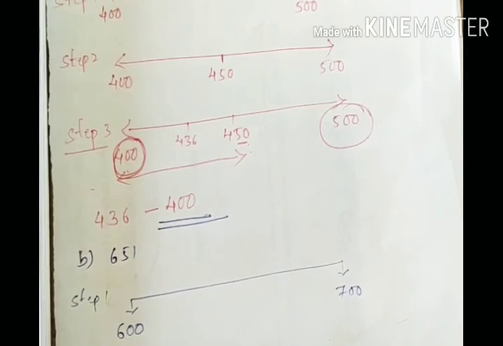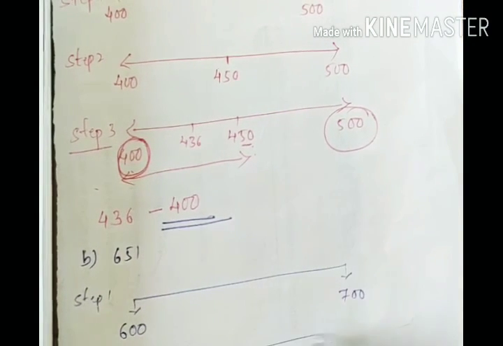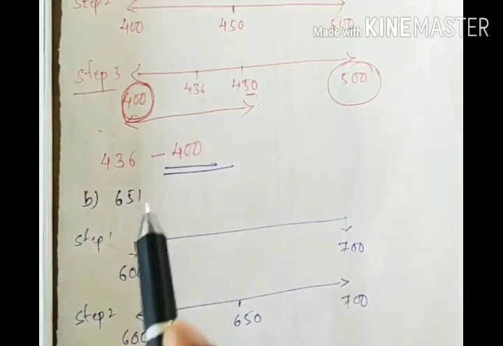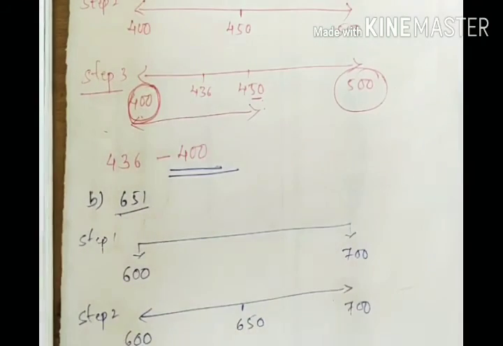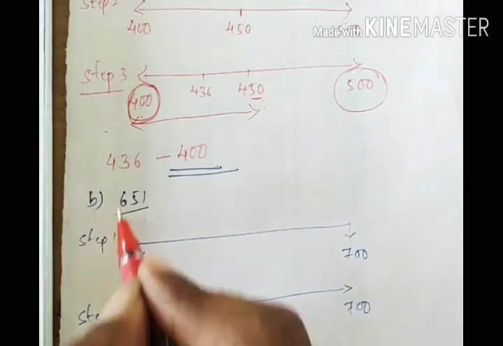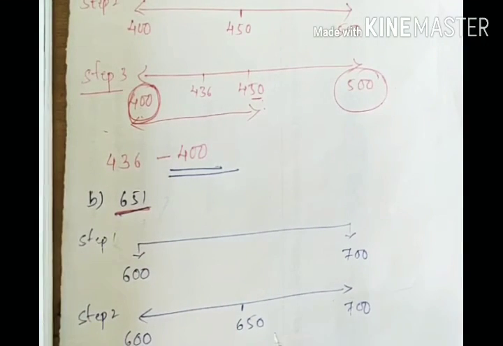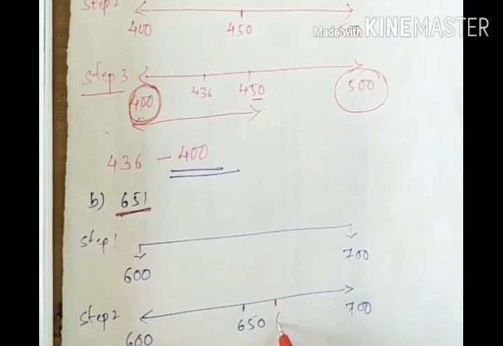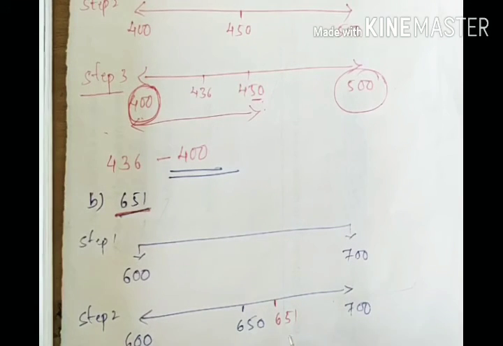And in step 2, 600, 700, its exact half is 650, right? And now just see the given number, 651. So now you tell me, does it come here? 651, right? So now you tell me, is this 651 near to this 100 or this one?